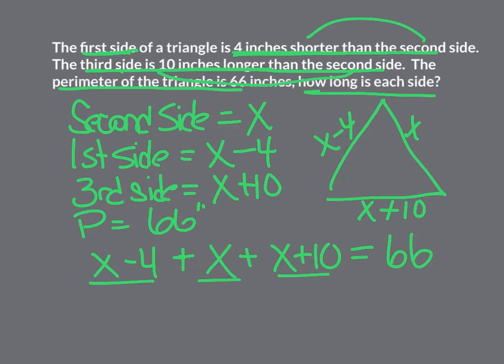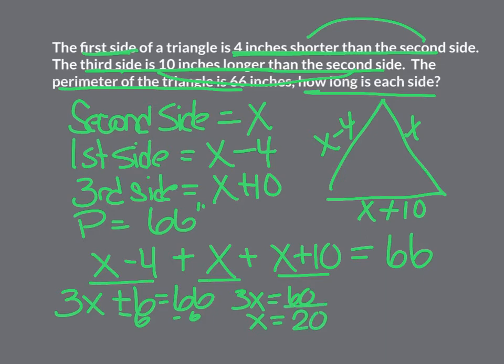We got 3 x's and then negative 4 and 10. So that'll give me 3x plus 6 equals 66. So we subtract 6. So 3x equals 60. Divide by 3, so x equals 20.